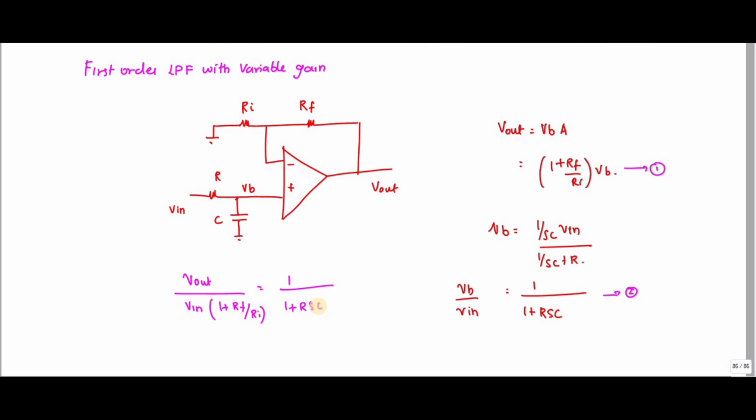So now I can write V out by V in, that is nothing but H of S, equal to (1 plus RF by RI) divided by (1 plus SCR). This I can write as A divided by (1 plus j omega CR). That is equal to A divided by 1 plus j 2 pi f RC.